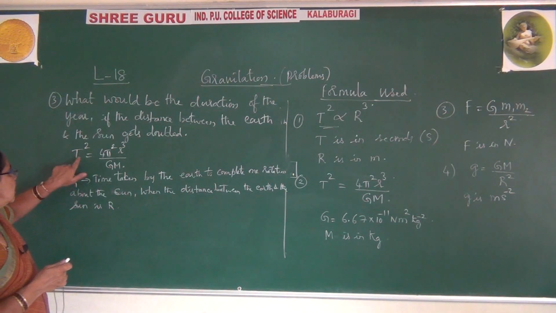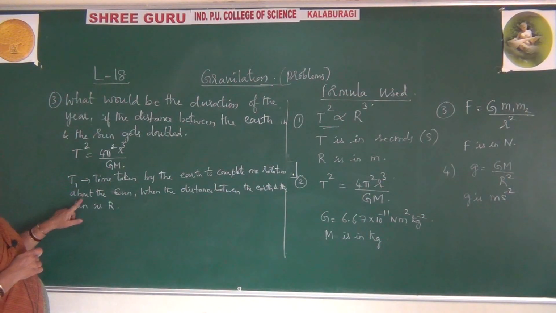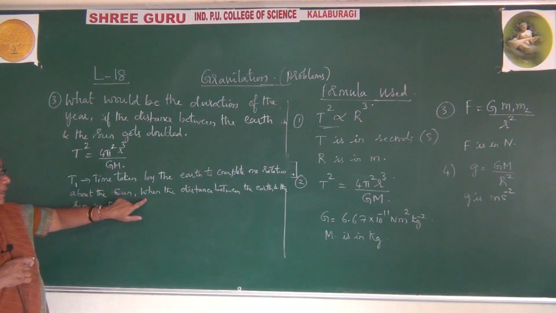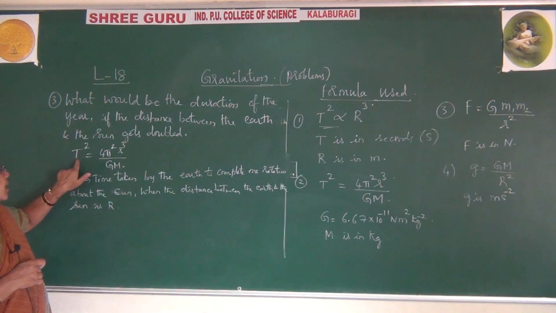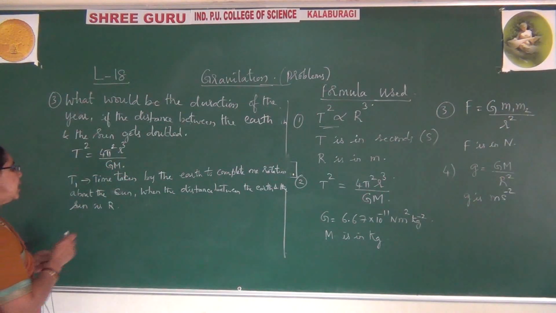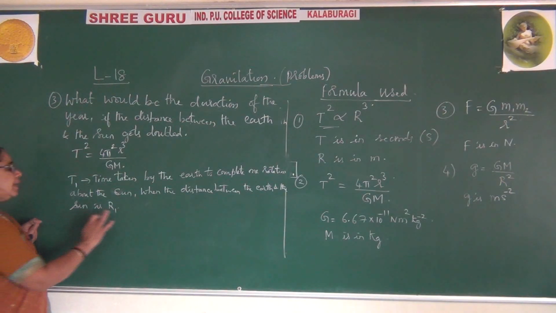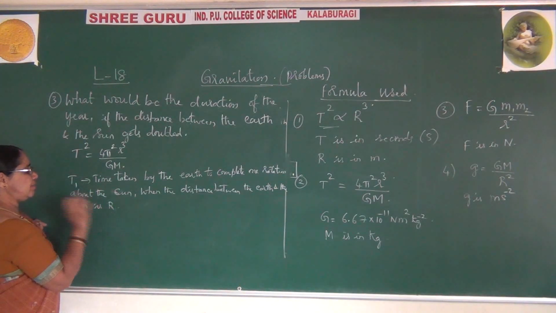Please observe, here is the time period taken by the earth to complete one rotation about the sun when the distance between the earth and the sun is r. If T1 is there, I take this distance as r. Let me keep this r for the T1.